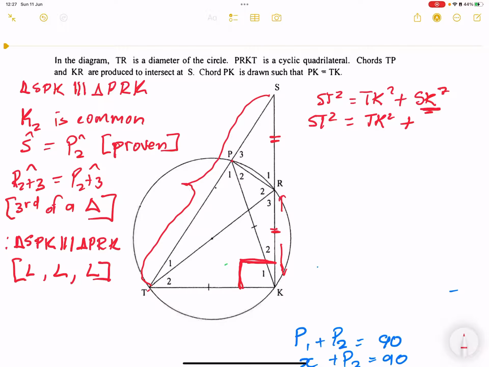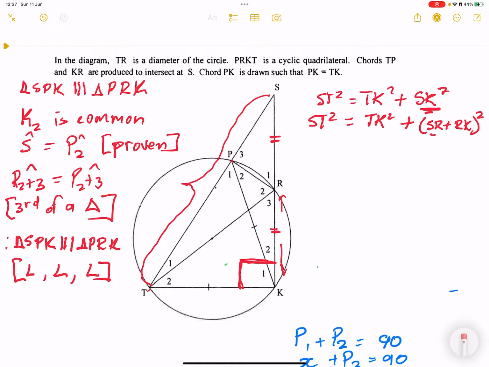Remember that because SK is equal to SR plus RK, squared. But remember, because SR is equal to RK, I can substitute RK in the place of SR there.